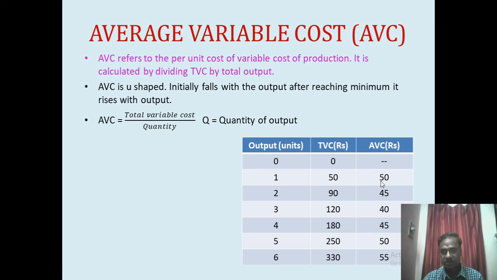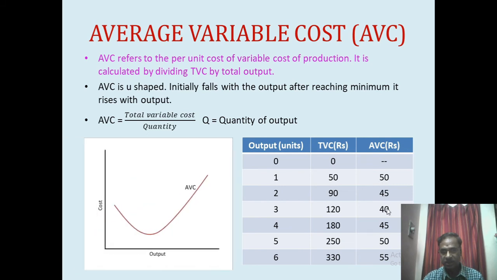First it decreases, then afterwards it increases. It reaches its minimum, then it increases. You can see the shape of this curve. First it decreases, it reaches minimum, then afterwards it increases. The AVC is a U-shaped curve.